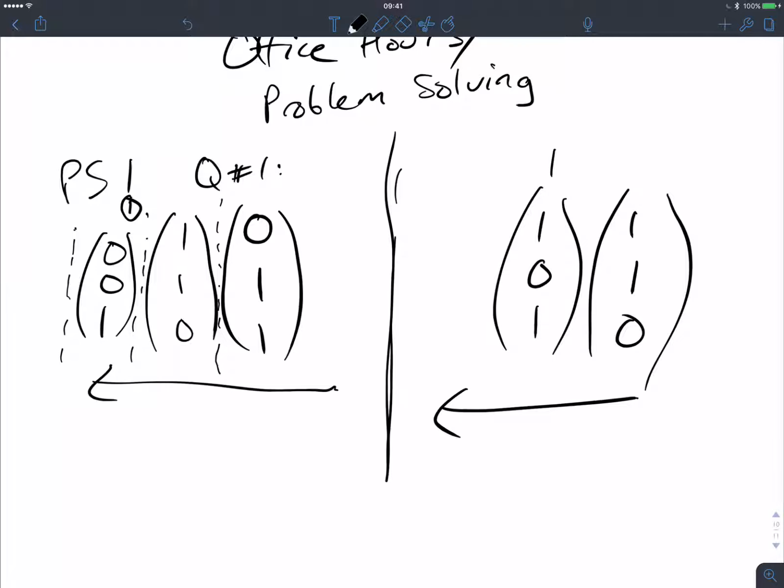Or what should I do now? I should go to a dead state, because no matter what happens after, the string will never possibly be accepted. It will never be a valid addition, because 1 plus 1 is not equal to 1 when doing binary addition.